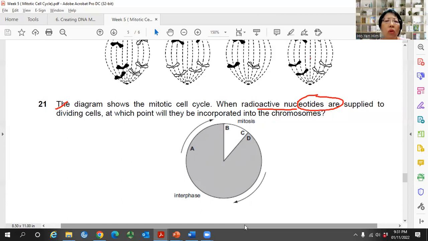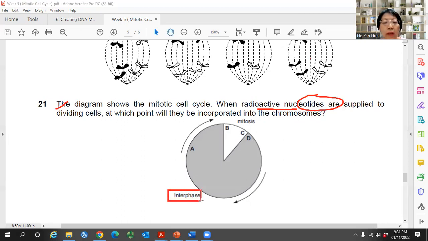So when the nucleotide enters the cell, and the cell uses the nucleotide to make chromosome, when is it that the cell will need to make new chromosome? Let's say now this circle is a cell cycle, right? And then they label the gray region as the interphase.